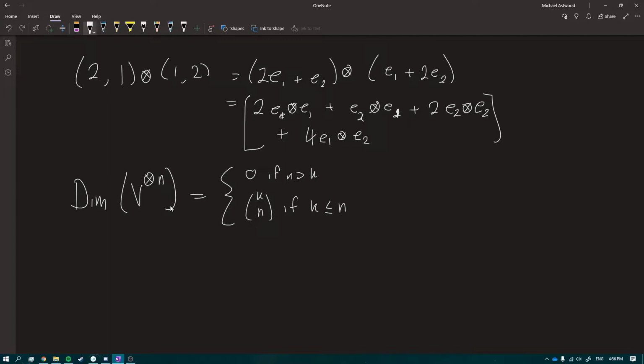And of course there is no such thing as negative tensor products, so this is a final result.